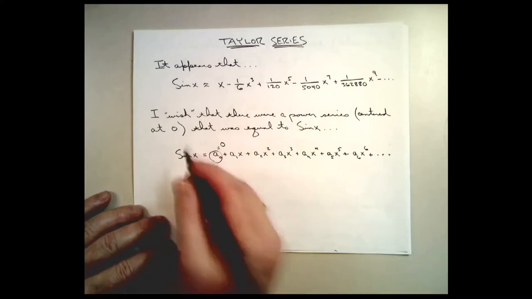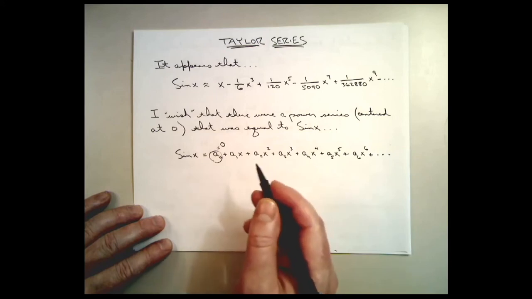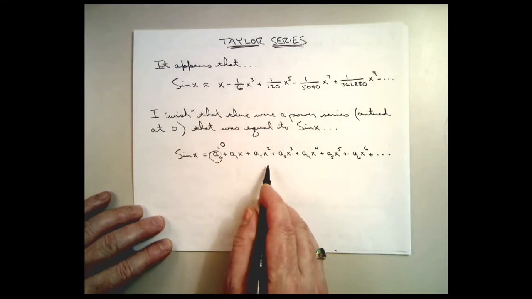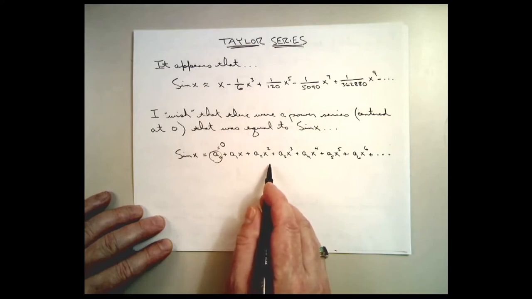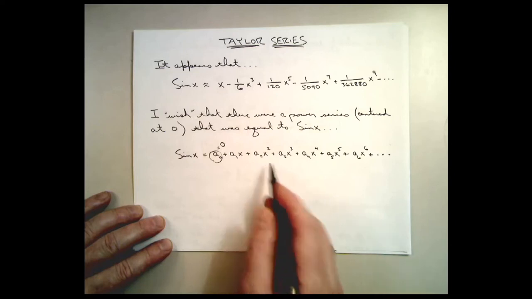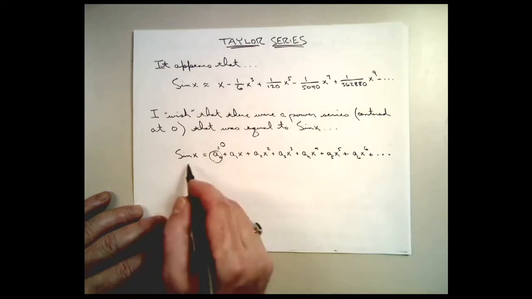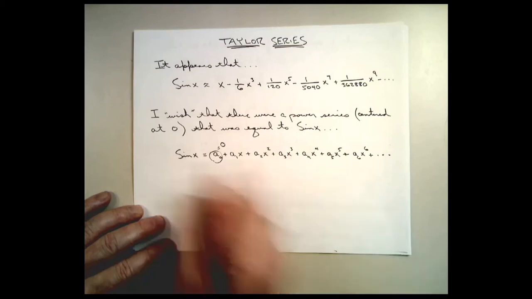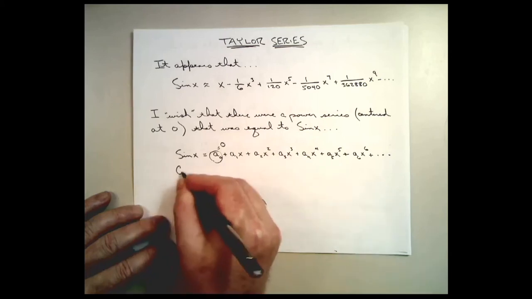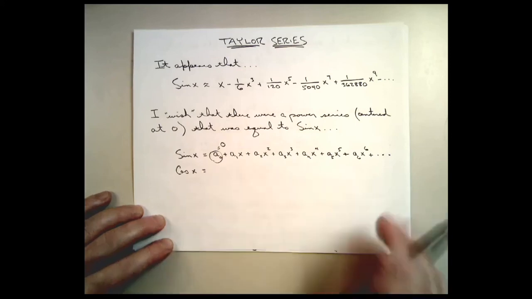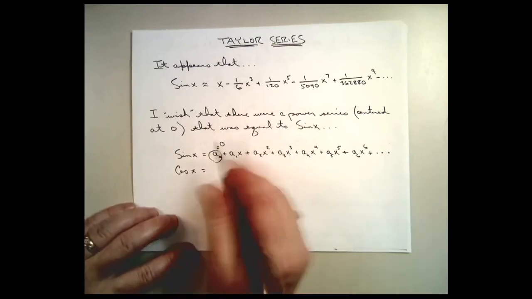Another observation is, well, let's see. If I have two functions that I'm claiming to be the same, well, then their derivatives are going to be equal as well, right? If this function's the same as that function, then the derivative of this function must be the derivative of this function. So let's just write that down specifically. The derivative of the left side is cosine of x. Derivative of the right side is, let's see, derivative of a constant is 0.